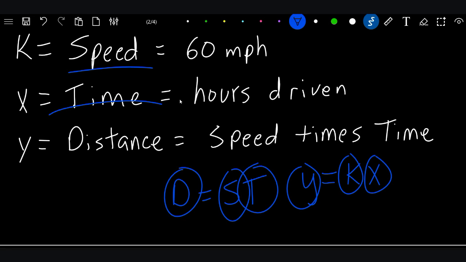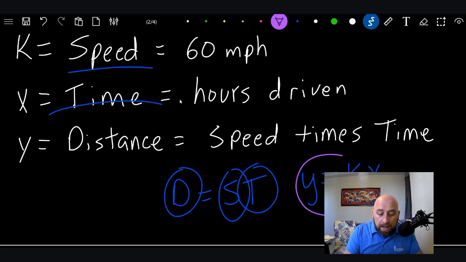A lot of those things come out in science. It can be based on things like perimeter, area, different formulas. So you just have to be open to what the question is asking you. But the base formula, and that's the key right here, is y equals kx. You need to memorize that formula.